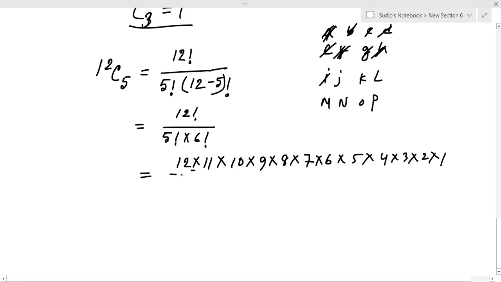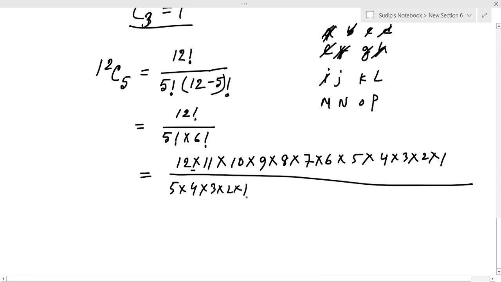Then in the denominator you take 5 into 4 into 3 into 2 into 1, then 6 into 5 into 4 into 3 into 2 into 1.